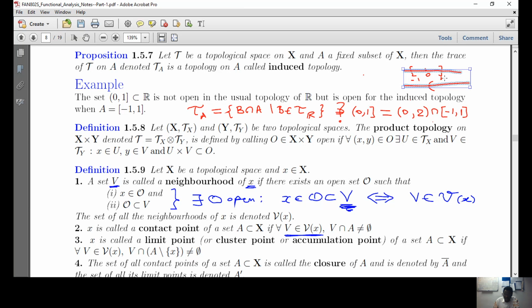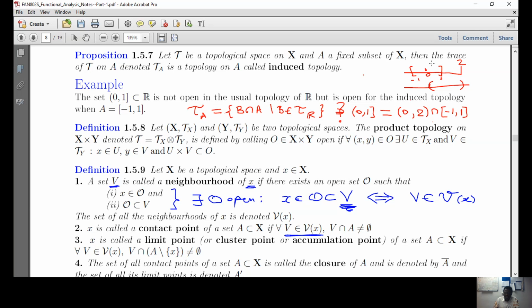Okay, so this is 1, and this is 2. So this is 0 here, and this is 2 there.